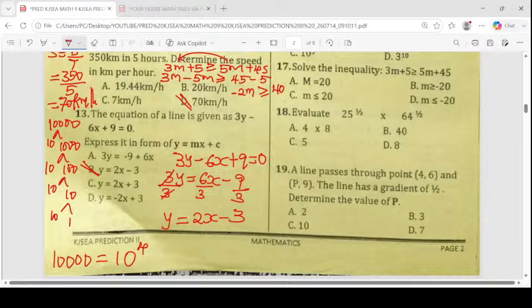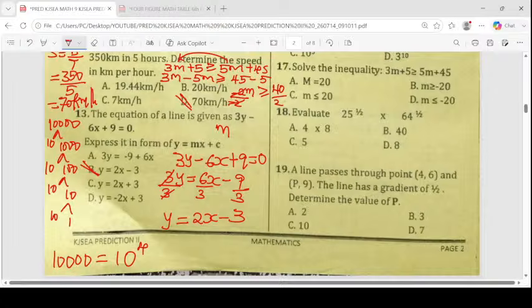But now, take note of what happens when you divide through by a negative number. I divide here by negative 2, also here by negative 2. Whenever you are dividing by a negative number, this one will become now m. The inequality symbol changes.